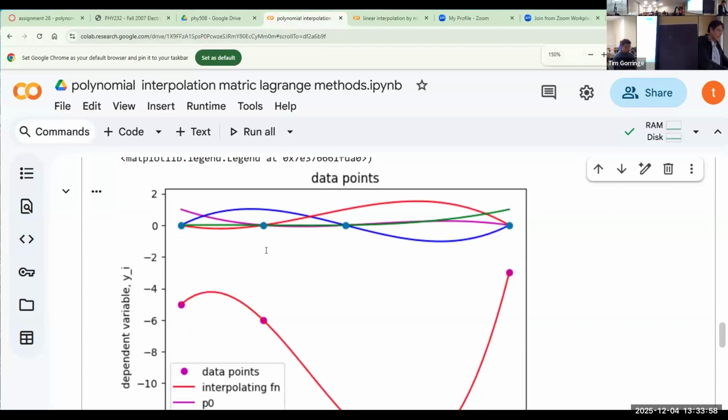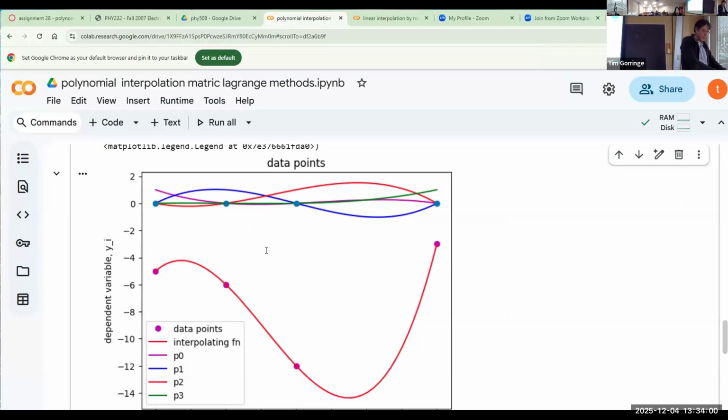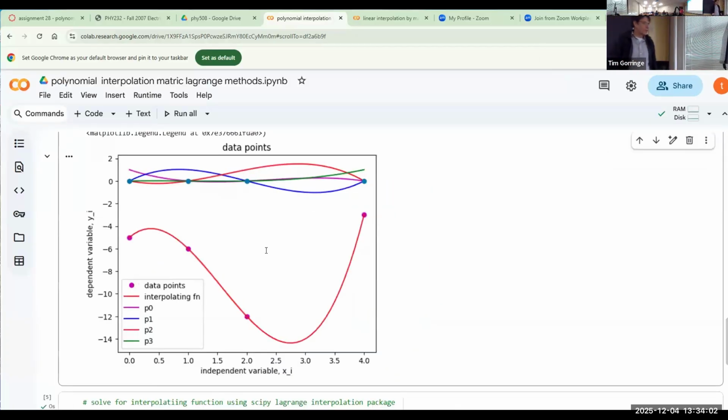On this plot, I drew both the basis functions and the resulting polynomial, the weighted sum of them. I wanted to draw the basis functions again to make this point. So the four basis functions are upstairs here, these four curves up here.